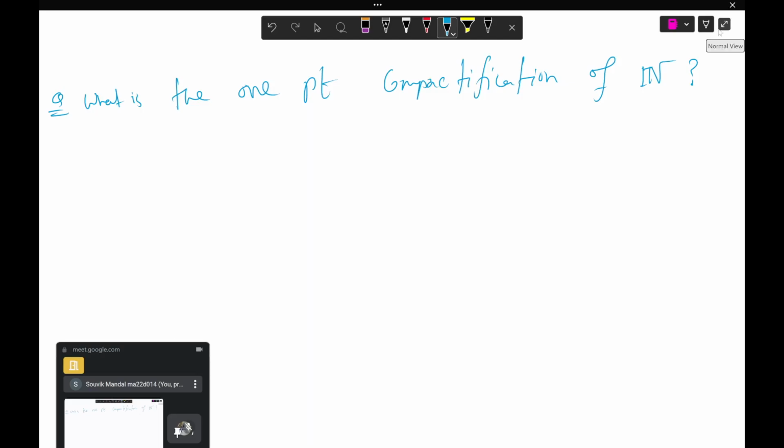I mean, the one-point compactification of the natural numbers is homeomorphic to which space? That is what we need. That is what I am asking. The one-point compactification of N is homeomorphic to which space? That is the question.